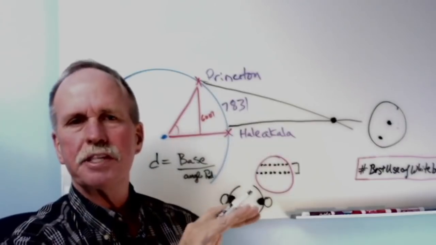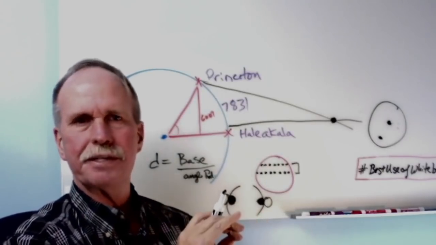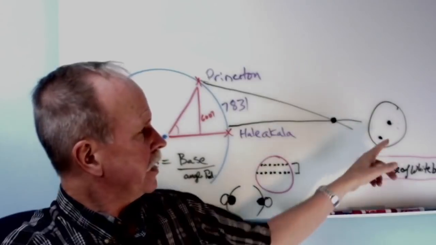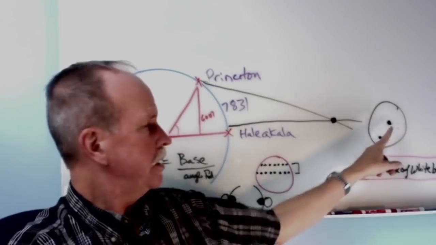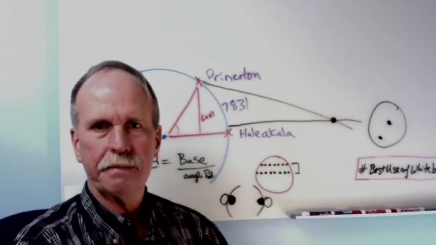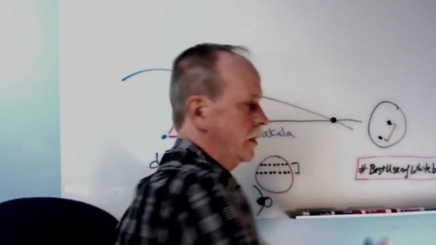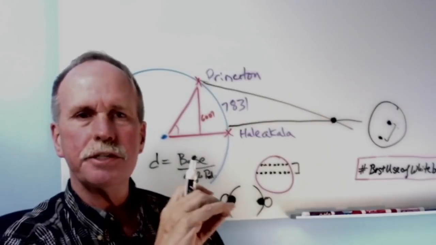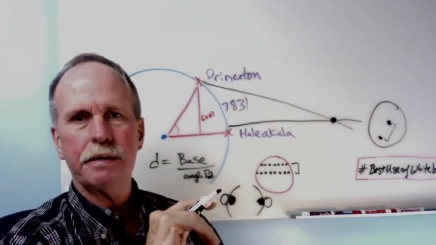Now, if both of those observers took a photograph of the transit of Venus at exactly the same time, Venus would appear in 2 different locations on the sun because of the distance between those 2 observation points. Now, by measuring the distance between those 2 images, you could get an idea of what they call the parallax angle.